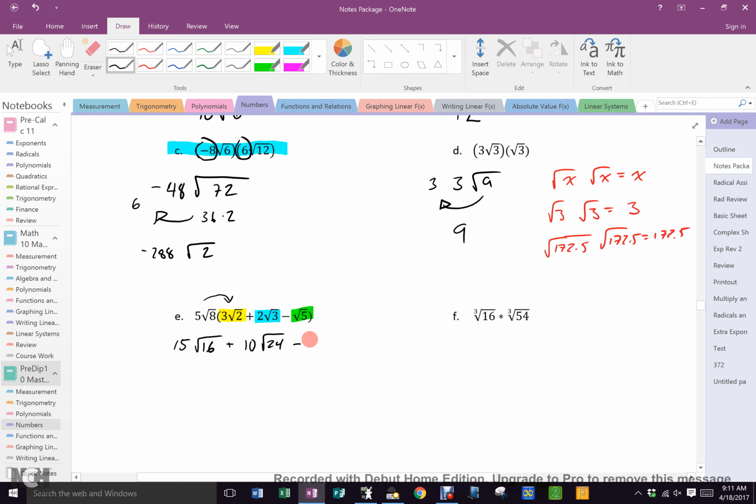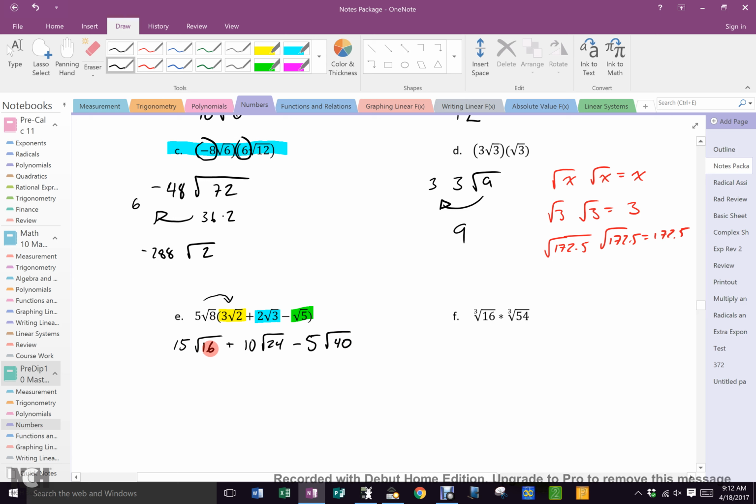Minus 5 root 40. Is there anybody that cannot see how I got those 3 numbers? 8 times 5, just like we did 8 times 3 and 8 times 2. Everybody cool?